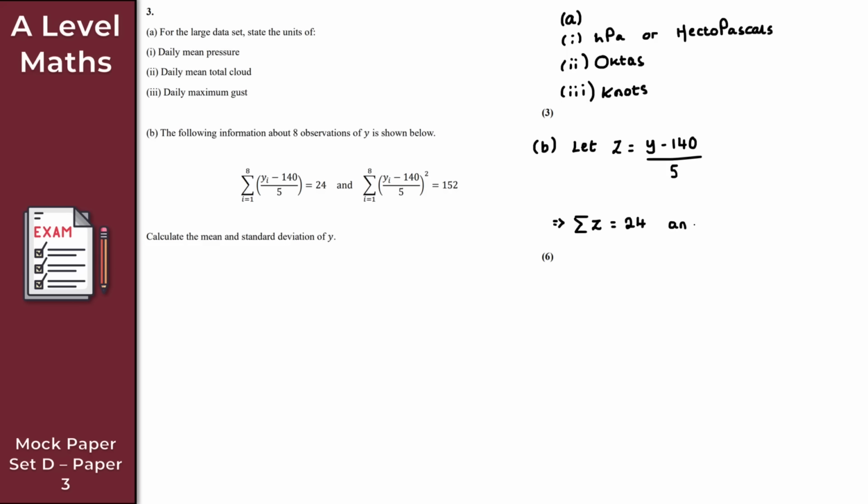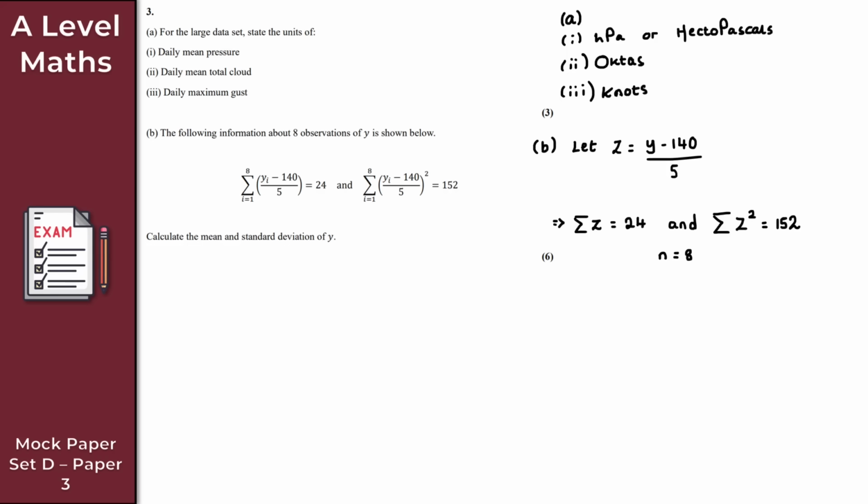And what we also know here is the summation then of, so this is Z squared, right? So the summation of Z squared here is equal to 152 there. Okay. What we also know as well is N is 8, right? There's 8 observations here. So N is equal to 8. Right. So we're off to a good start here.